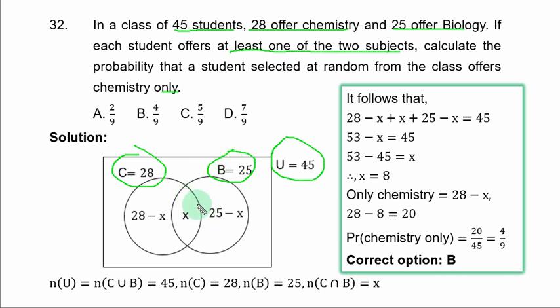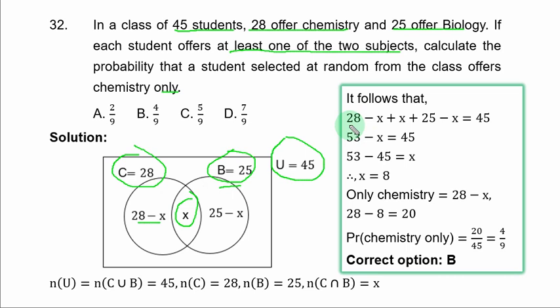Now those that offer both subjects is unknown, that is S. Those that offer only biology is removing S from those that offer biology, that is 25 minus S. Same thing for chemistry. And if you add everything in the subsets, it is equal to the universal set.